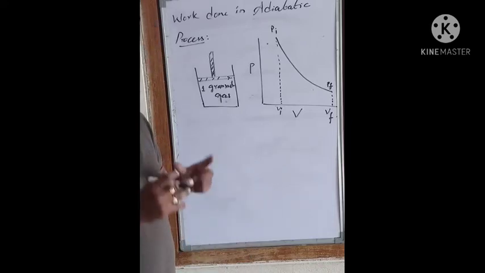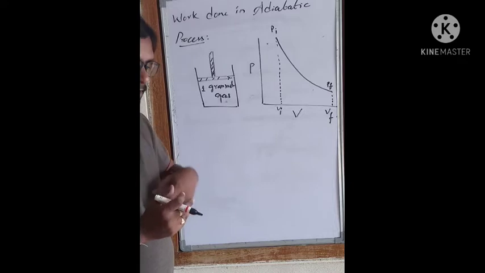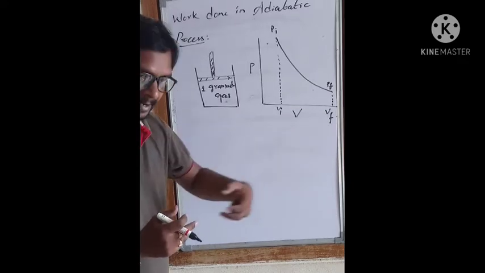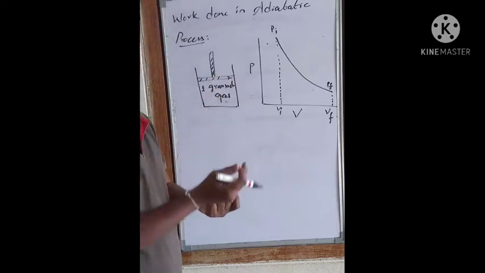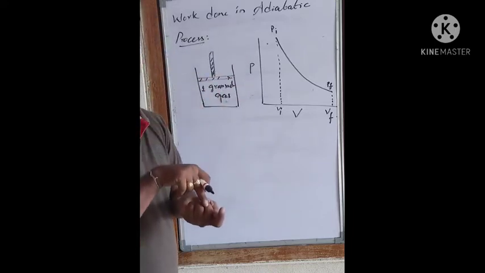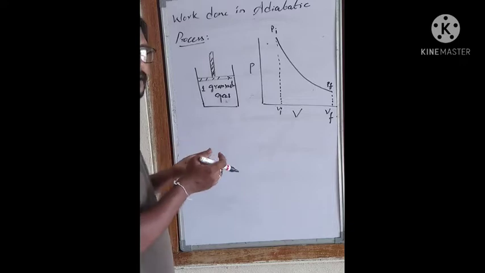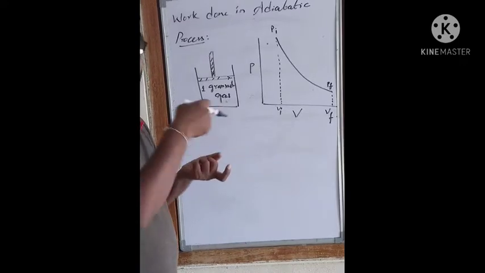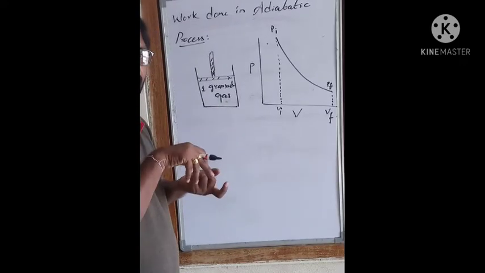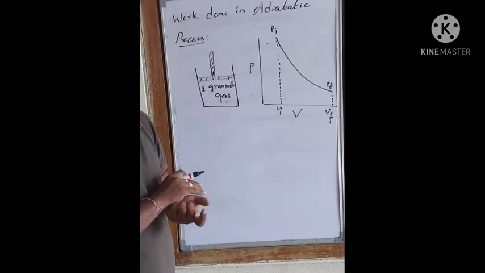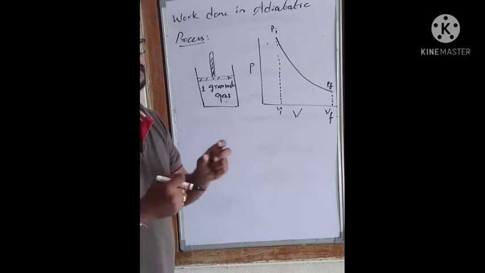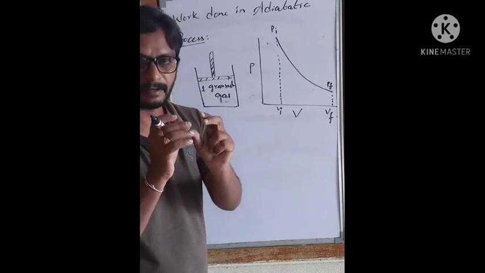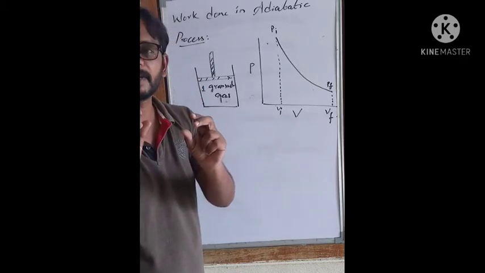Now we have to find out work done during the expansion. When the gas of the cylinder is expanded, how much work is done by the gas, by the system against the surroundings? Initially, let us find out small work done for small expansion of the gas.